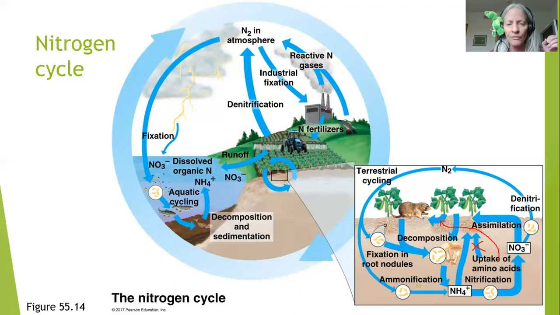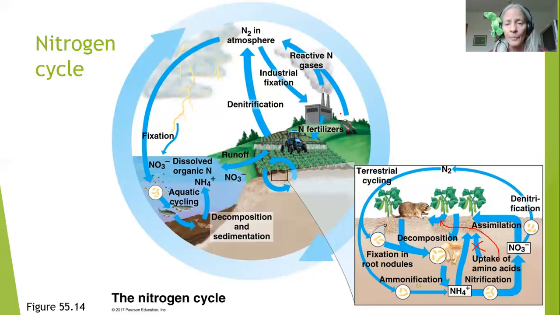And these factories affect the environment in a couple of different ways. They affect the nitrogen cycle by adding a lot of nitrogen to fields that can then run off and go into lakes.